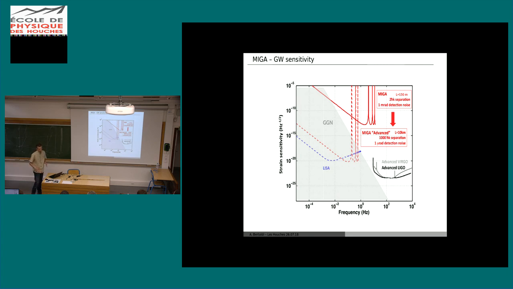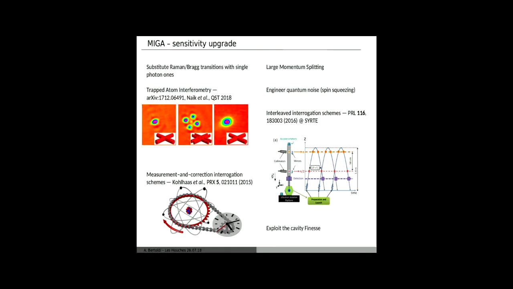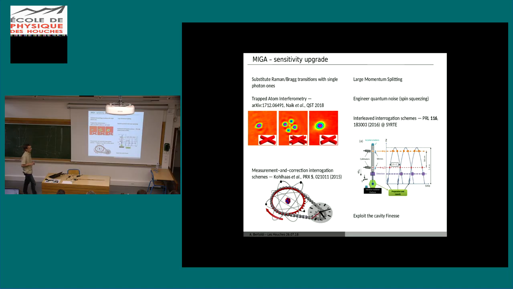Once the experiment is working, let's say in 2020-21 at this level, we are working in parallel on several other activities that can be seen as future possible upgrades for the underground lab. So we are working, for example, on substituting the 2-photon transition with a single-photon transition.